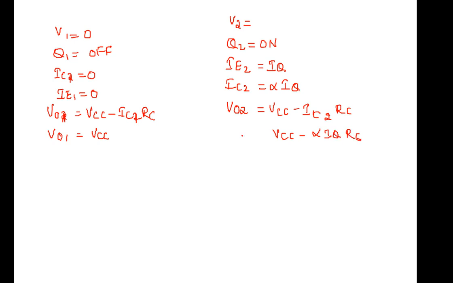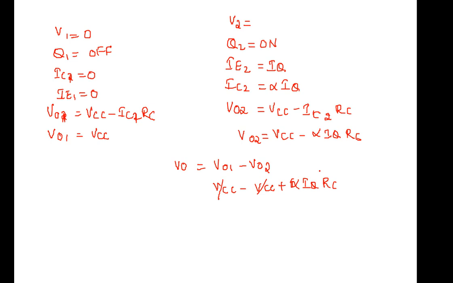So the differential amplifier will amplify the difference between the two signals. That means V0 equals V01 minus V02, so VCC minus VCC plus alpha IQ RC. So these two are cancelled. Whatever difference is obtained here, that difference will be amplified in this case. So this is the single input balanced output case.